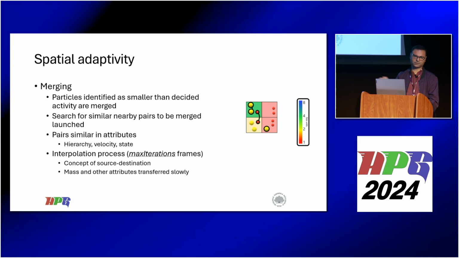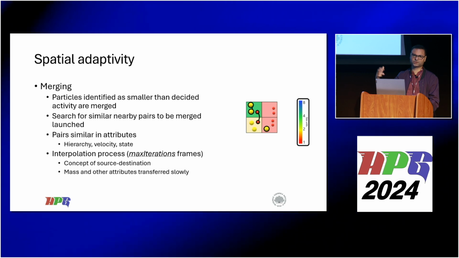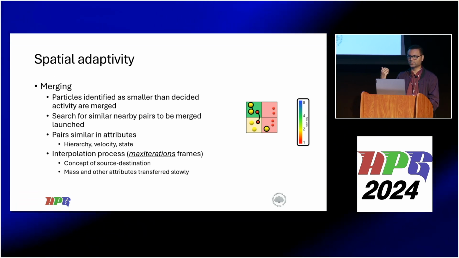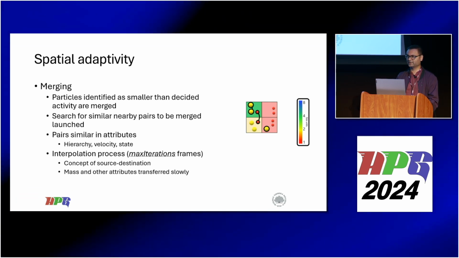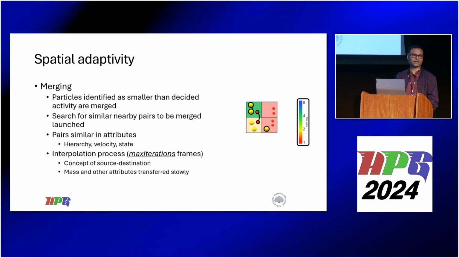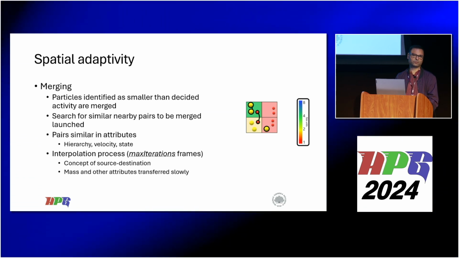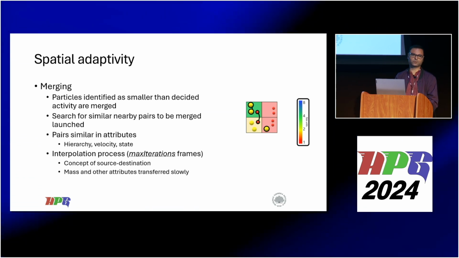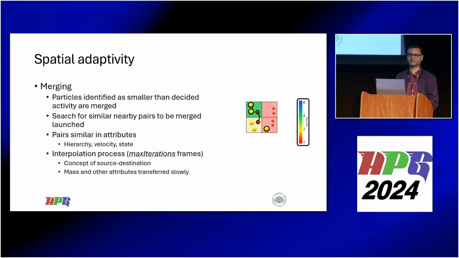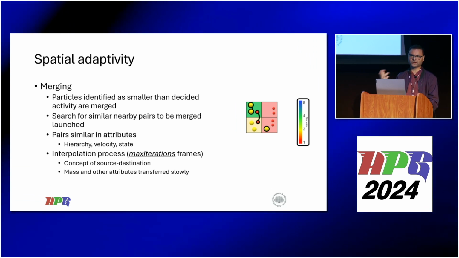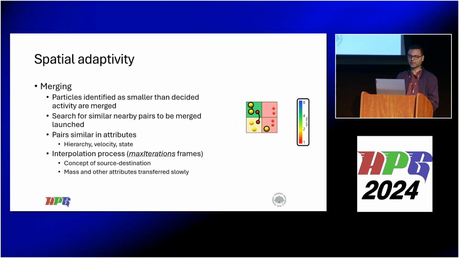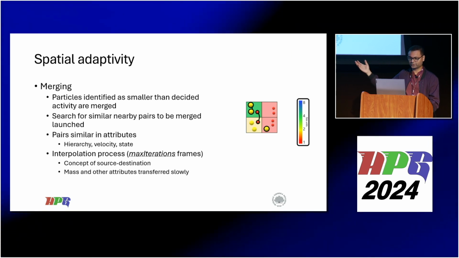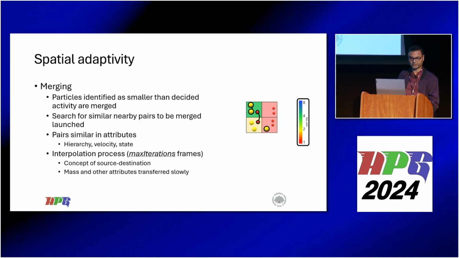All the particles are put together in a buffer, and then a search is launched for all those particles to look for a similar particle in the vicinity to be merged. We try to match the attributes of the particle as much as possible for this merging. For example, the particles should not differ too much in velocity, in state, or in the hierarchy. So it should be like a similar color of particles.